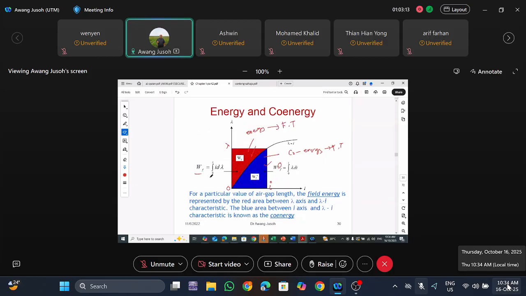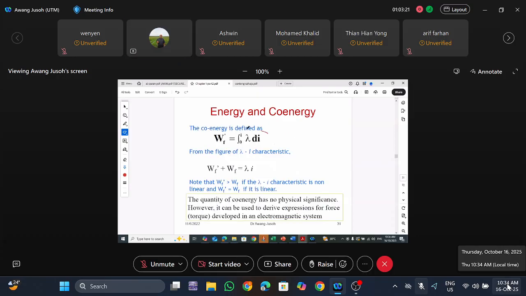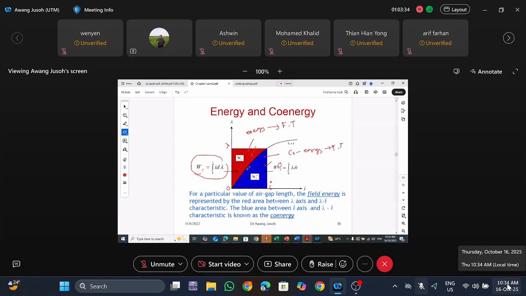Okay. So for energy, you know already, this formula: the integral of I d lambda from 0 to lambda. And for co-energy, this formula: integration from 0 to I of lambda di. And remember the prime there. The prime, the dot notation, represents the co-energy. So if you add these two areas, the red color and the blue color, we get back lambda I, which is the square area.